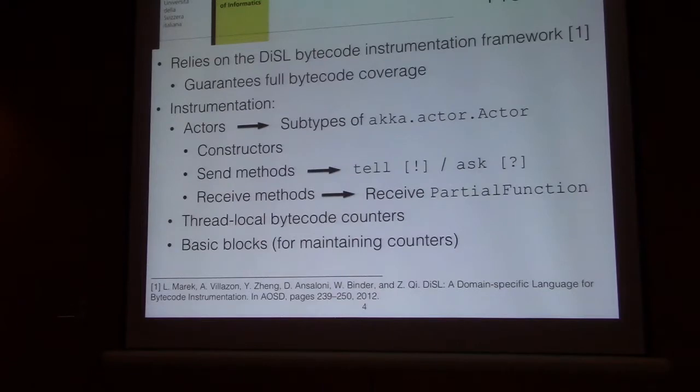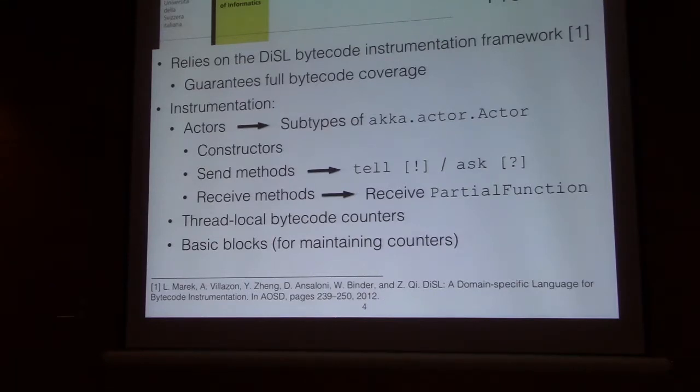Finally, those counters need to be maintained. In particular, the amount of bytecode executed by each thread needs to be added to the counter at some specific time. And this is done by instrumented basic blocks. The profiler instruments every basic block that is executed by actors. At the end of each basic block, the counter is updated by the size of the basic block.